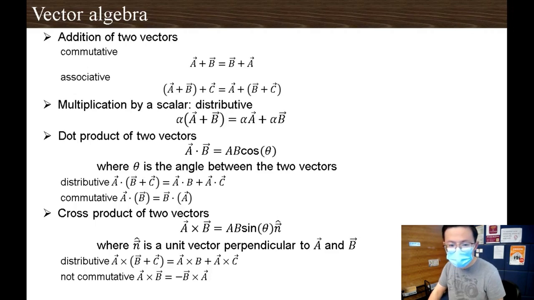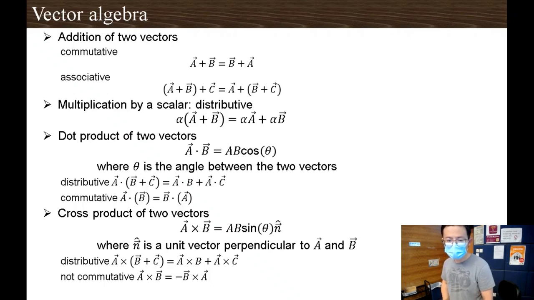So let me briefly go through what you have learned before. This is the material in Griffiths chapter 1. Please also take a look at chapter 1 of Griffiths if you are still not familiar with vector algebra.